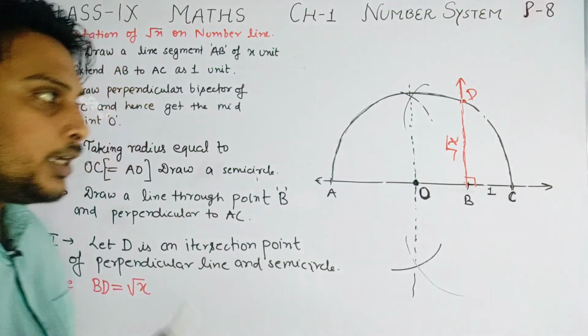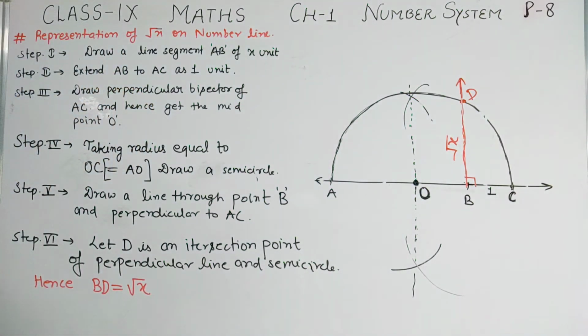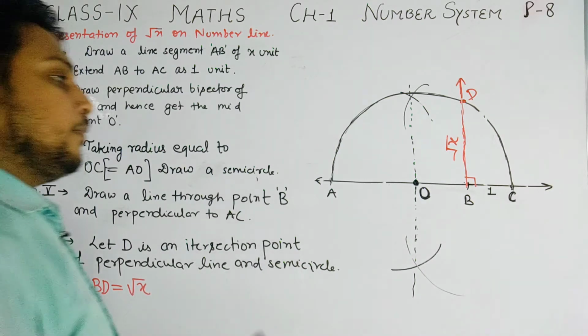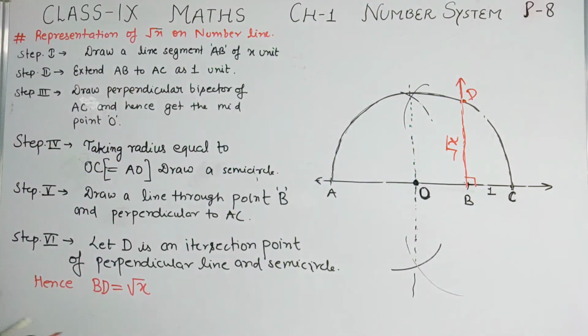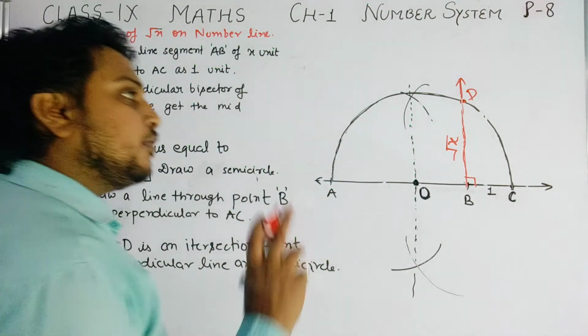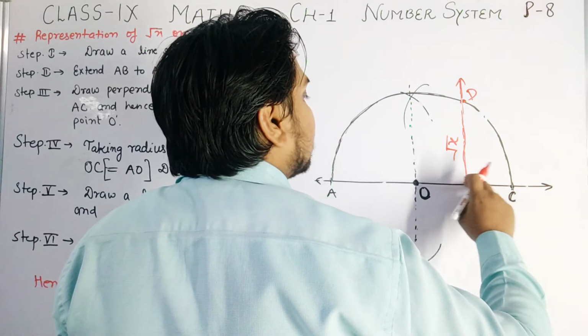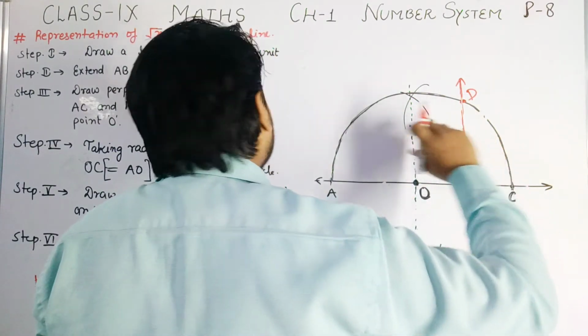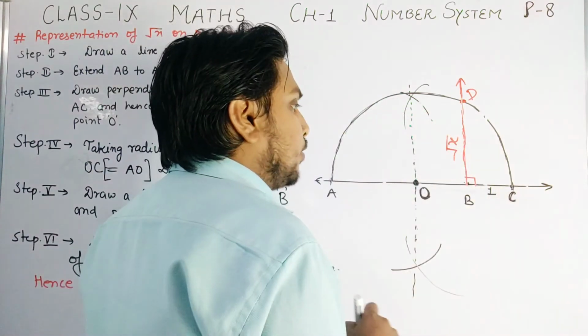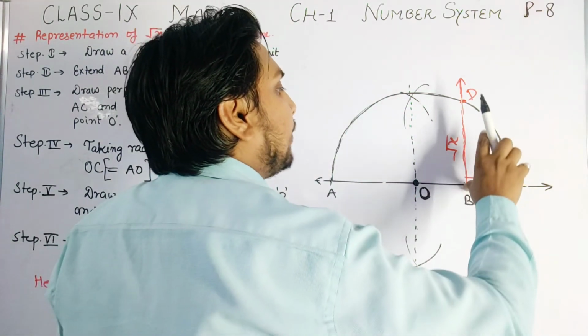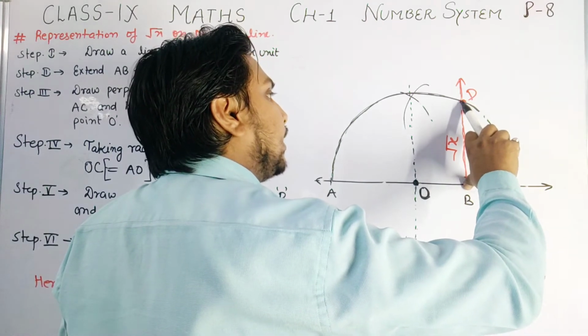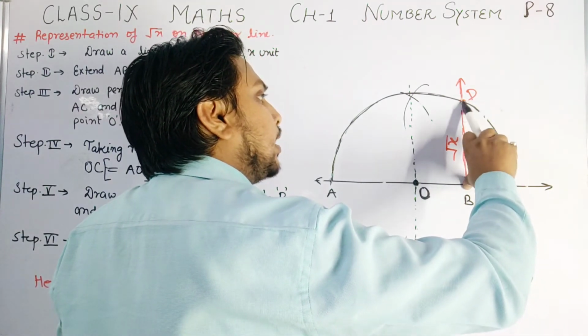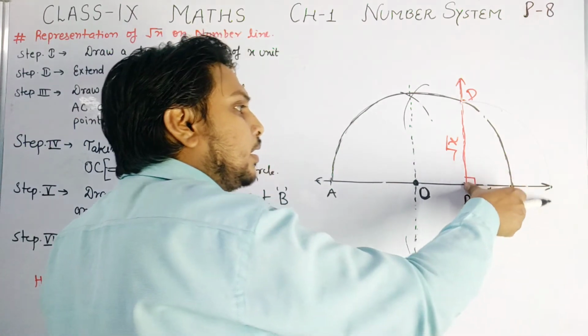How it is under root x, I will show you the mathematical proof of that also. But firstly, understand how it is made; once again I am going to explain. Since this BD length is showing under root x and we have to show it on the number line, we keep the compass at point B and, taking the radius as BD, we cut an arc to this number line.